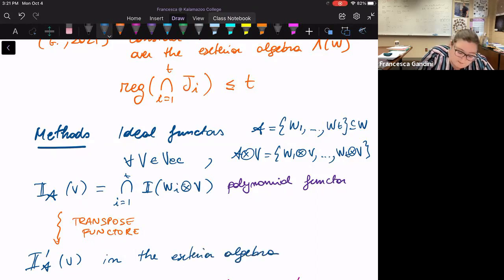And really, this transpose functor works at the level of polynomial functors, so independent of V, for the dimension of V tending to infinity. But once we have reduced the result at the level of polynomial functors, it still carries through for a specific vector space. It's possible that when the bound was attained, it is now just going to become a strict bound in the exterior algebra.